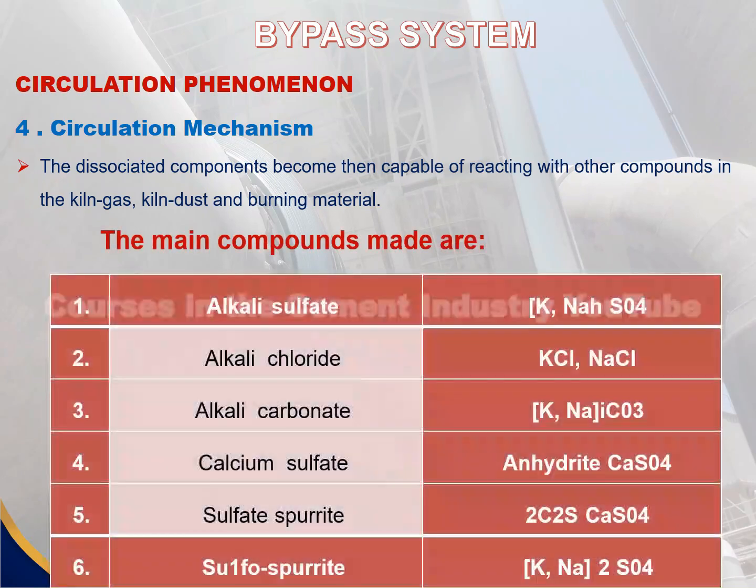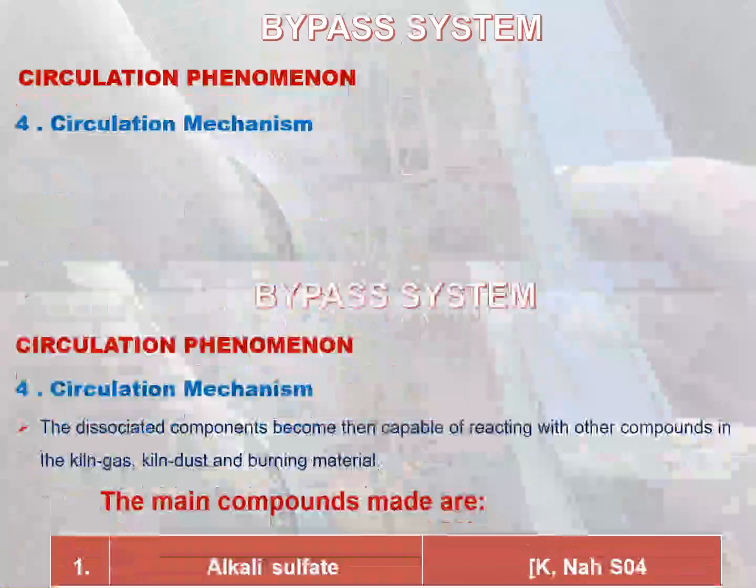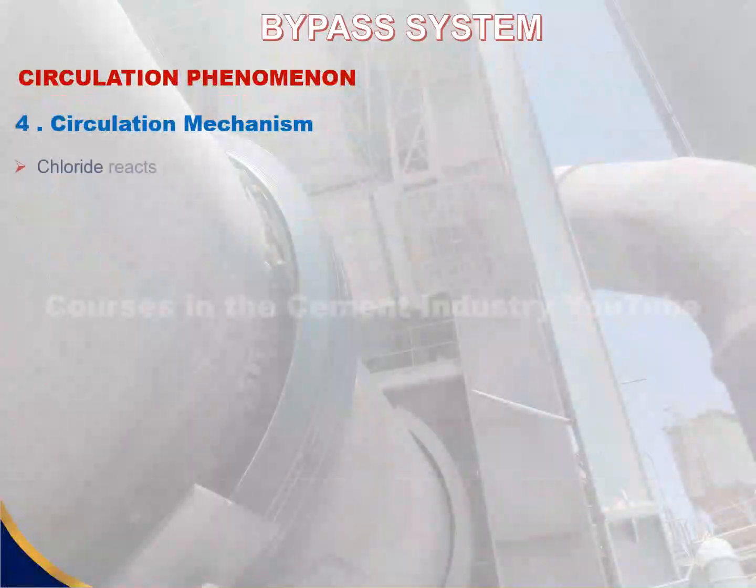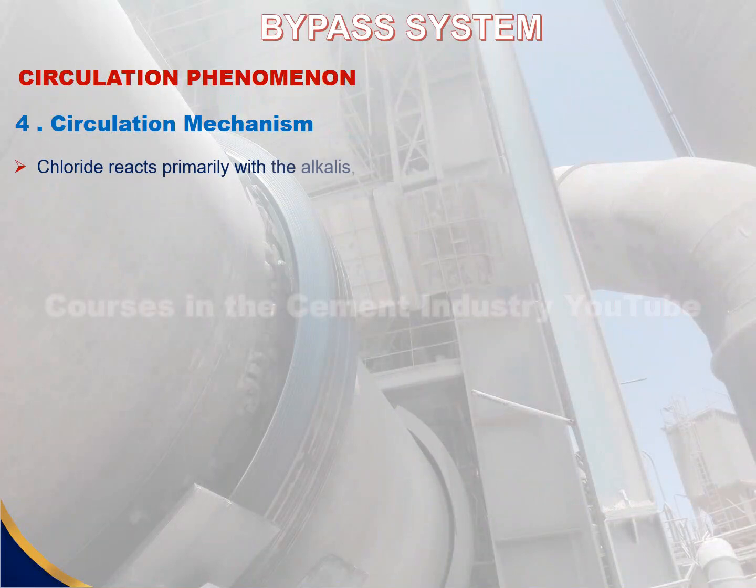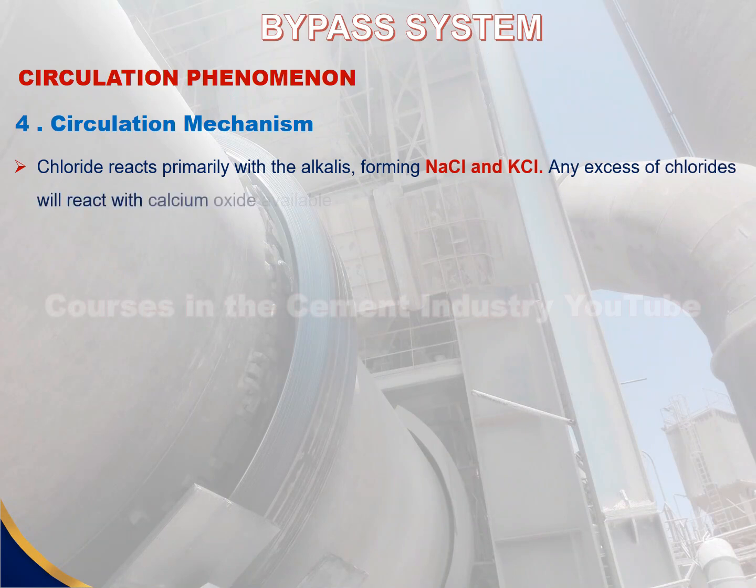See this table. Chloride reacts primarily with the alkalis, forming NaCl and KCl. Any excess of chlorides will react with calcium oxide, available in the system, to form CaCl2.